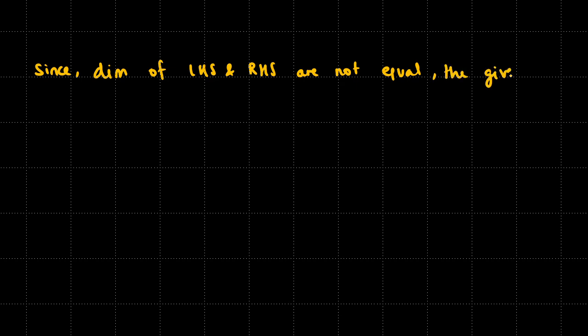Since dimension of LHS and RHS are not equal, the given physical relation is dimensionally wrong. So in the next video, we are going to learn about how to derive a relation between various physical quantities. Bye bye.